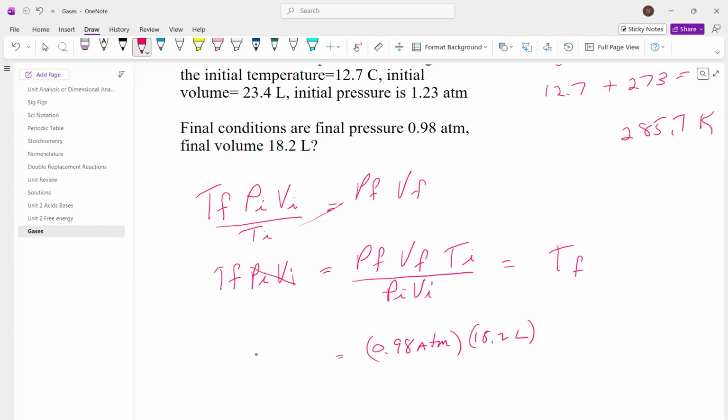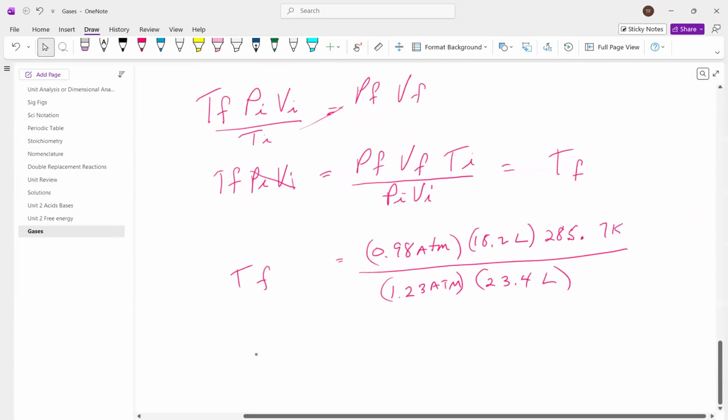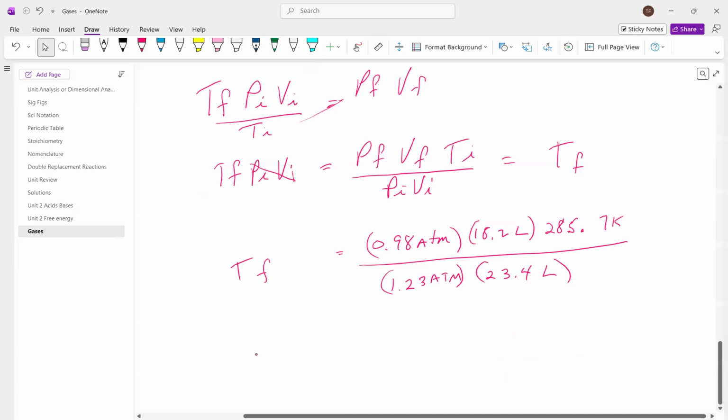The initial temperature is 285.7 K. The initial pressure was 123 atmospheres. And initial volume was 23.4. So multiply everything on the top, divide by everything on the bottom.